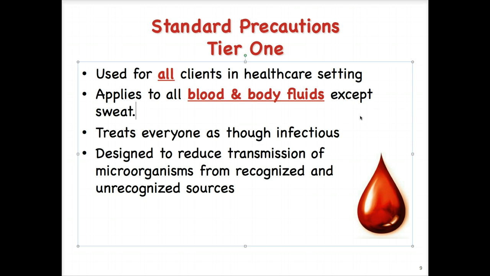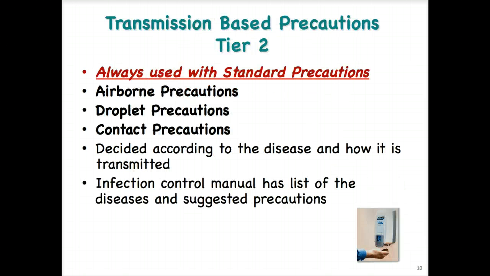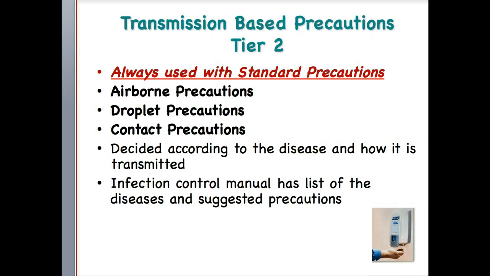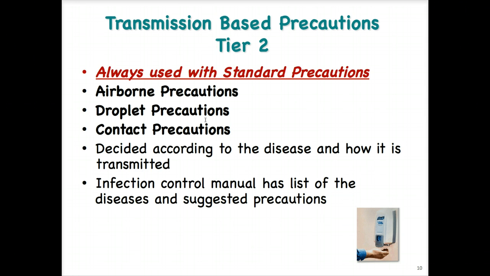Standard precautions treat everyone as though they were infectious, and they're designed to reduce transmission of microorganisms. In addition to standard precautions, there are 3 additional layers of precautions: airborne, most commonly TB; droplet, with most common organisms like pneumonia; and contact, most commonly MRSA and VRE, and potentially herpes.